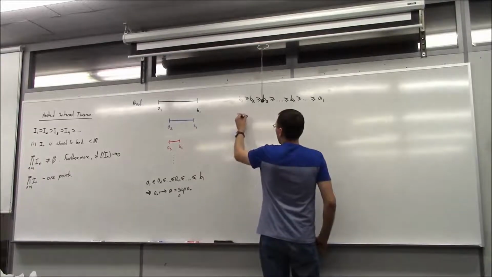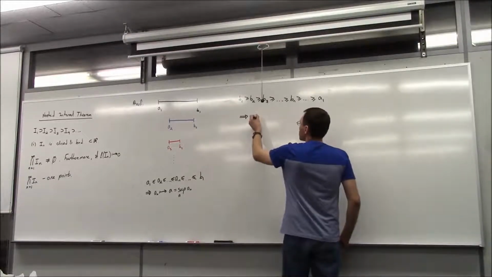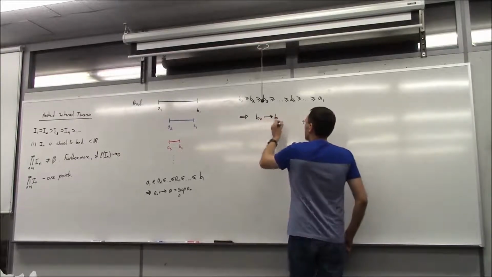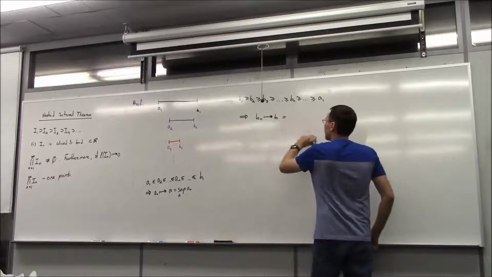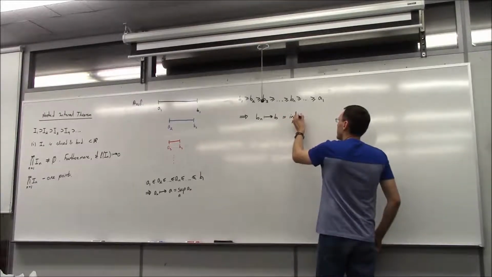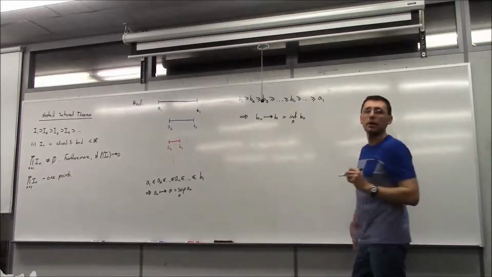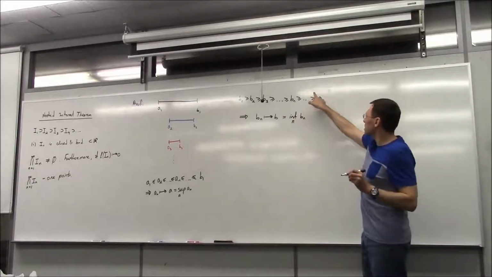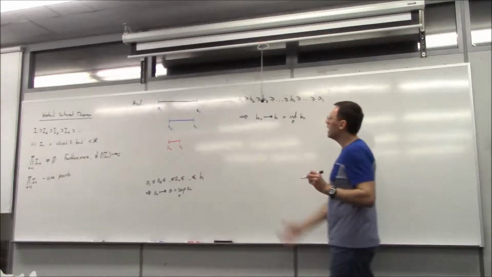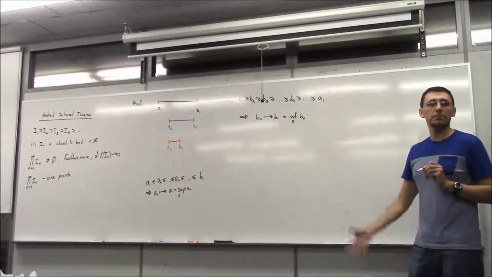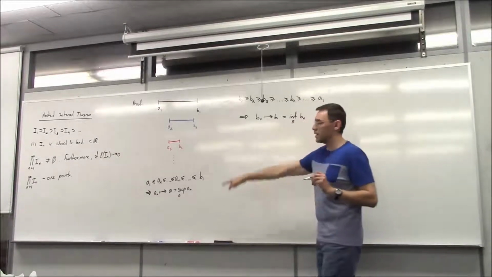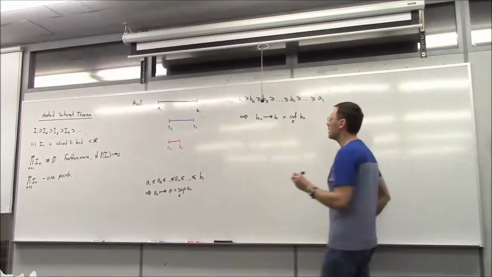B_n converges to B, which equals the infimum over all n of B_n. Do you understand what this means? I look at the right endpoints of all the intervals, and I take the infimum, and I get B. Good? So now my question is, what's the relationship between A and B?